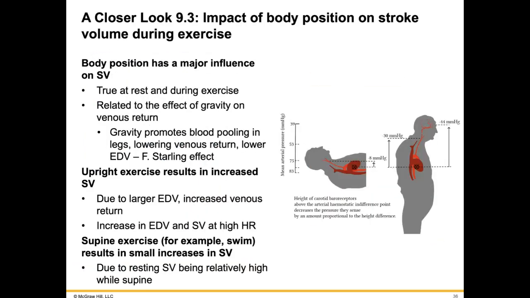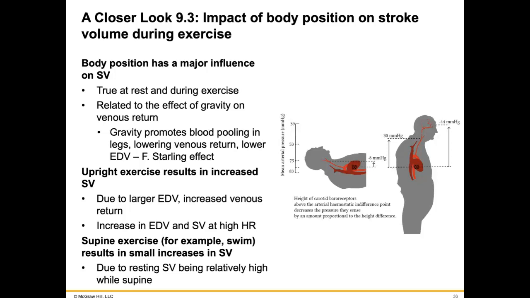Next, let's talk about the impact of body position on stroke volume during exercise. It seems to have a major influence on stroke volume, and it's true at rest and during exercise. It's related to the effect of gravity on our venous system. So gravity is always pushing us down, right? And so gravity will promote the pooling of our blood in our legs, which lowers the venous return and lowers the end diastolic volume.